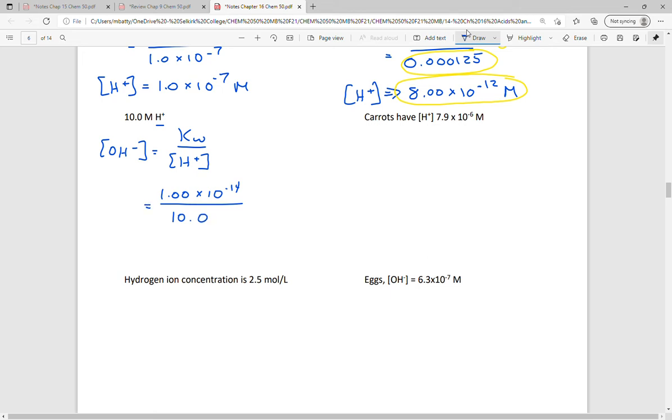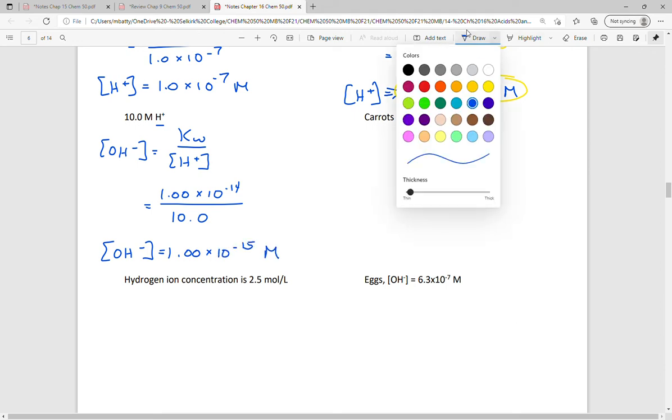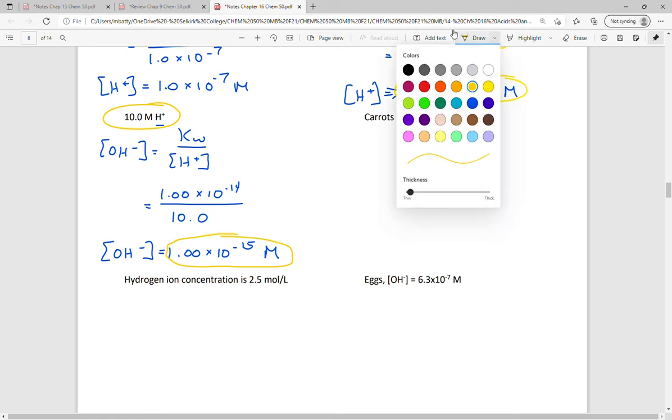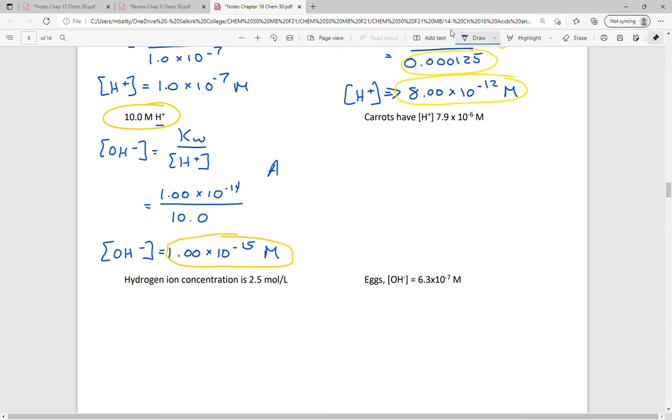This gives me my hydroxide ion concentration, and that works out to be 1.00 times 10 to the negative 15 moles per liter. Comparing these two to make the last claim, is it acidic or is it basic? Which number is bigger? Well, it's the hydrogen. So this would make it an acidic solution or an acid.